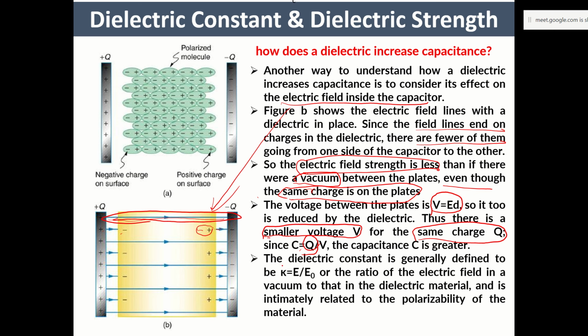So the dielectric constant is also defined as kappa equals E naught by E. E naught is the electric field in vacuum, and E is the electric field with the insulating material that we have.